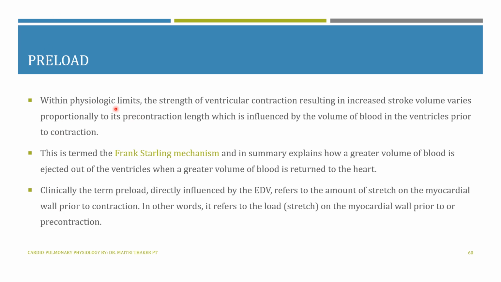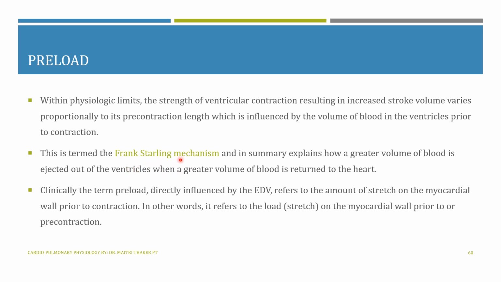Within physiological limits, the strength of ventricular contraction resulting in increased stroke volume varies proportionally to its pre-contraction length, which is influenced by the volume of blood in the ventricles prior to contraction. This concept is termed the Frank-Starling mechanism. This is a very popular concept in our biomechanics.